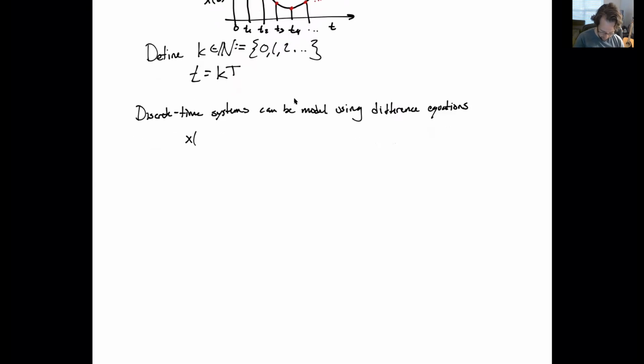Okay, so simply put, we have the next value. You could think of this as like a while loop while you're iterating over a discrete set of indexes, or a for loop. So the next value is equal to a function of perhaps that index and that state k.